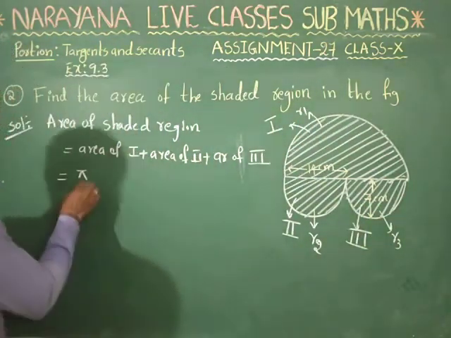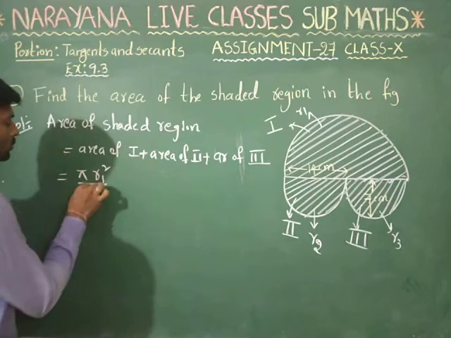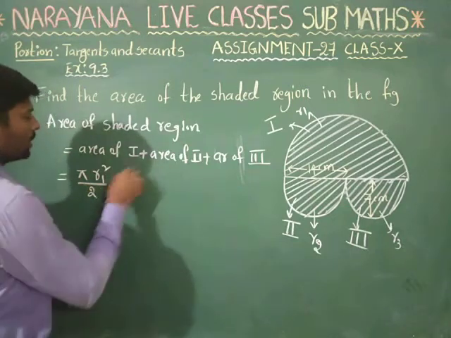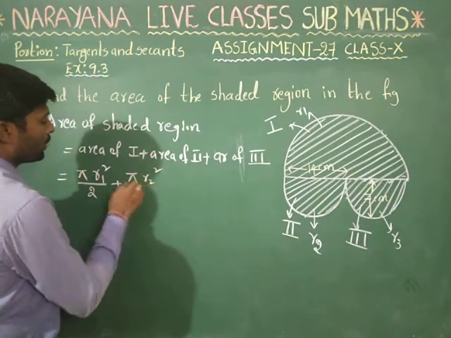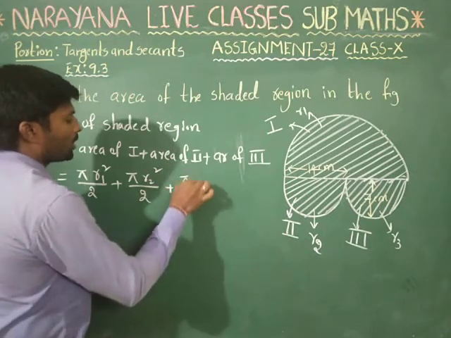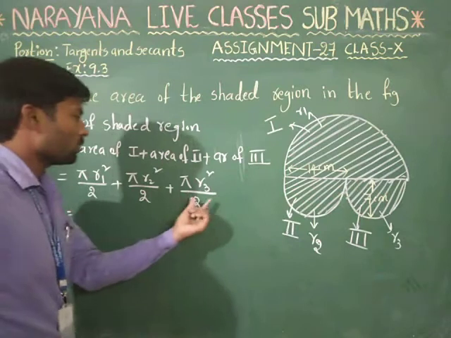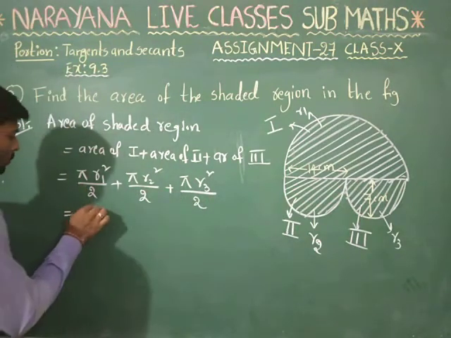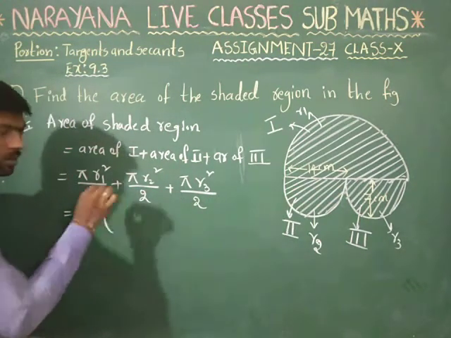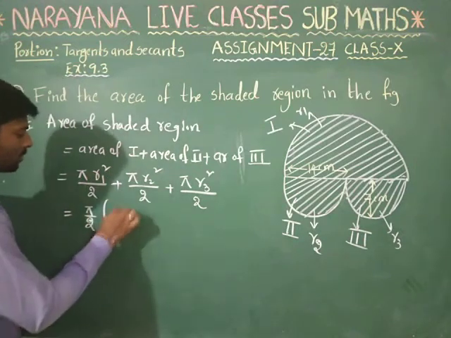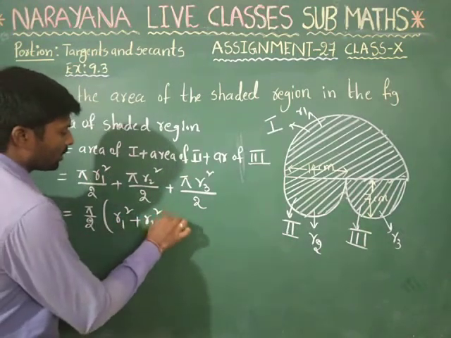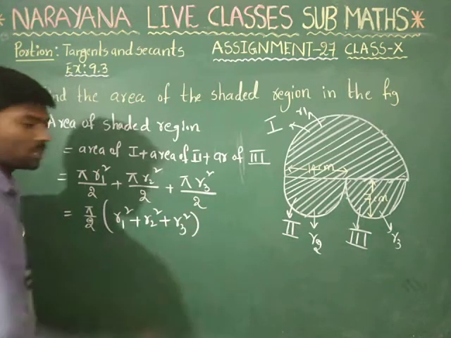So pi r1 square by 2 plus pi r2 square by 2 plus pi r3 square by 2, so pi by 2 is common, and I can write it as pi by 2 into r1 square plus r2 square plus r3 square.